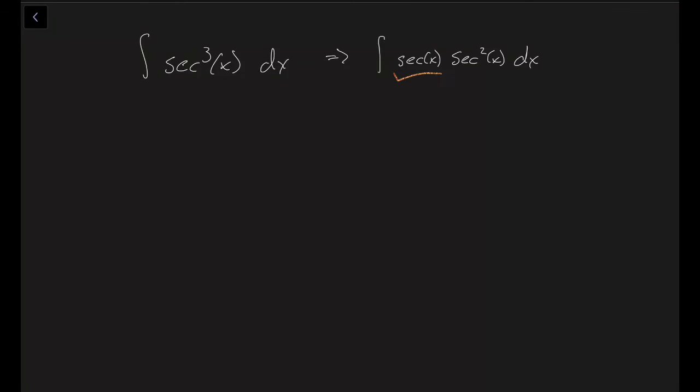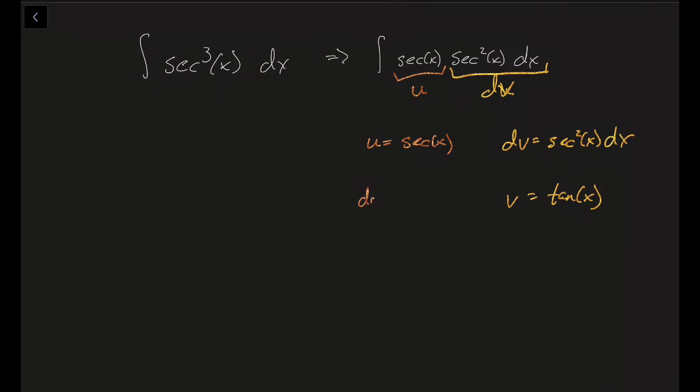So let's color this in copper. This is going to be our u, and the rest is going to be our dv. So dv is secant squared, and we know the integral of that is just the tangent. And our u is secant, which tells us that du is secant x tangent of x.